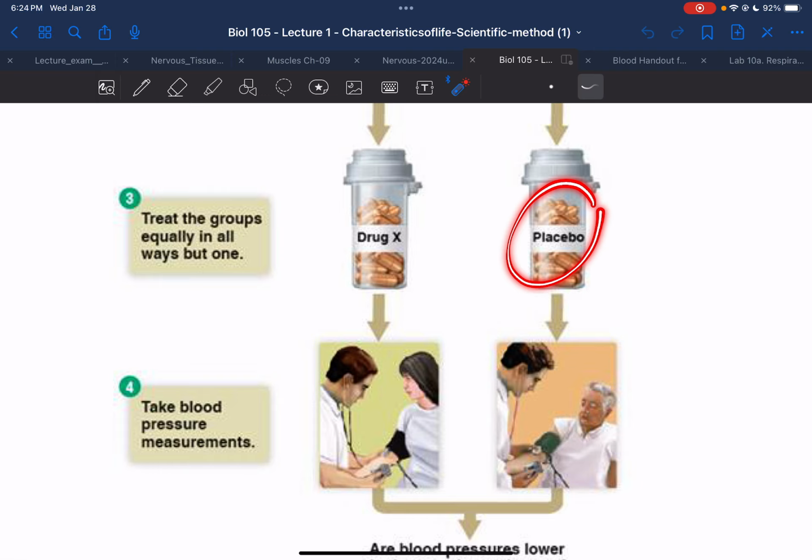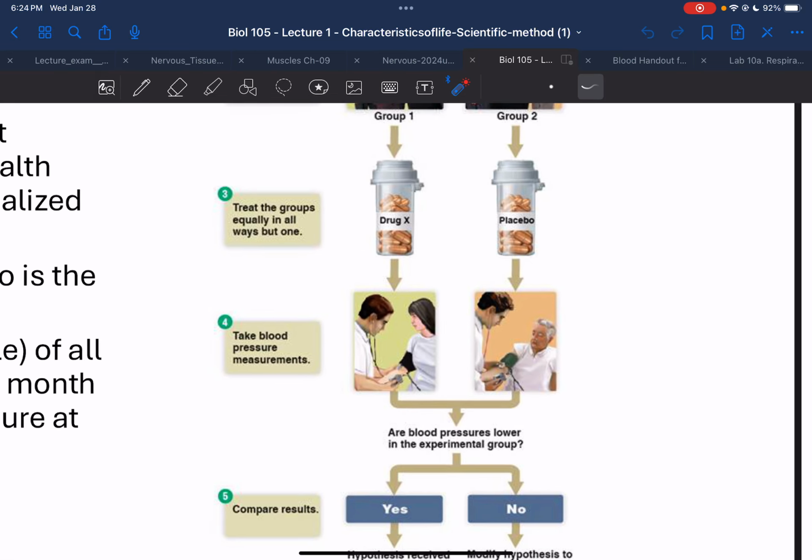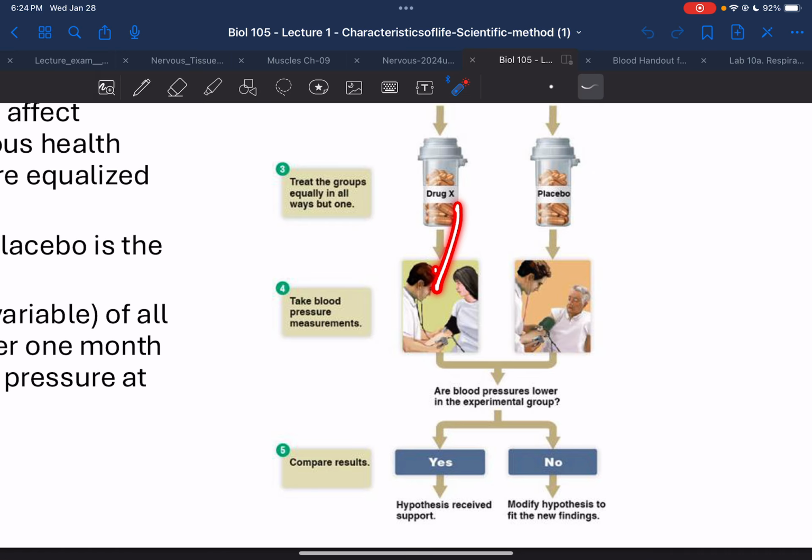And then the placebo, if you give them nothing, then you know that what you're seeing in the drug X example is significant. Because if you're actually seeing that these individuals have less blood pressure than the individuals here, whose blood pressure stays high or is still too high, then you know that your drug did something.